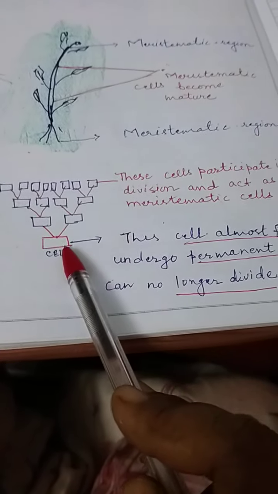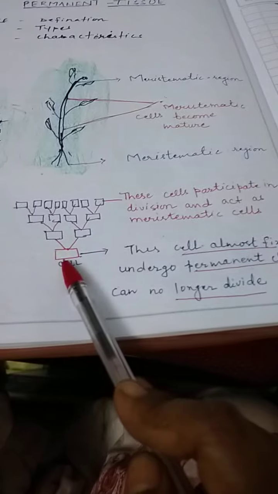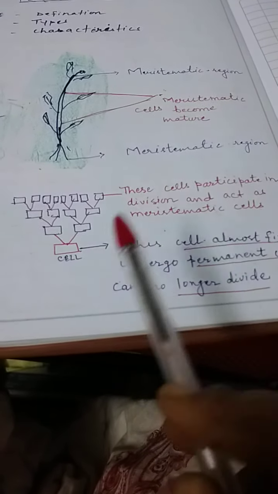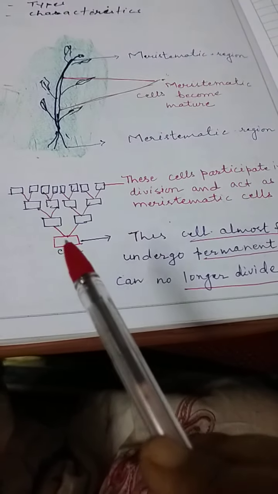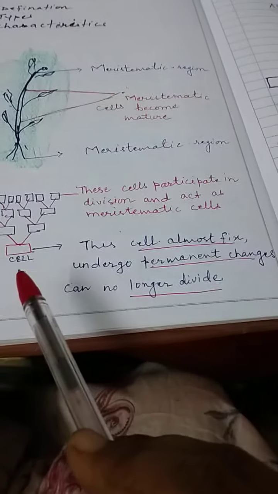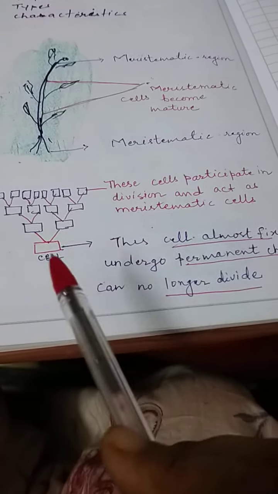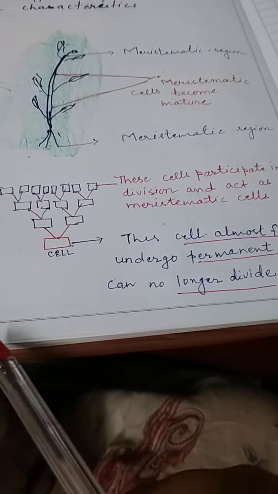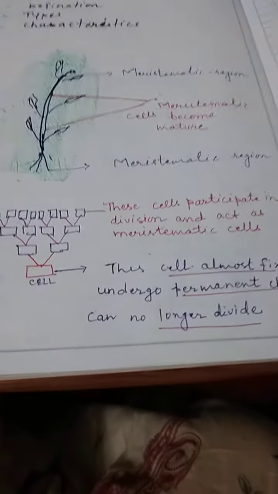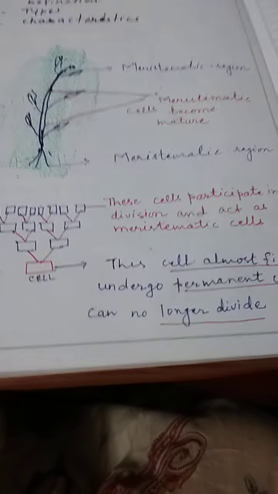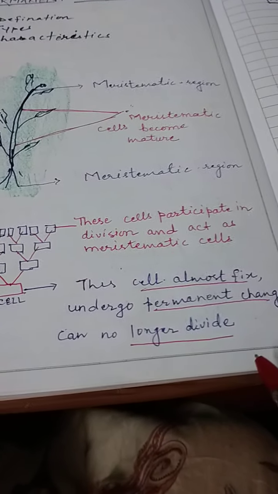When it does not divide further, it attains a fixed shape, size and specific function. And this property of a cell is called differentiation.